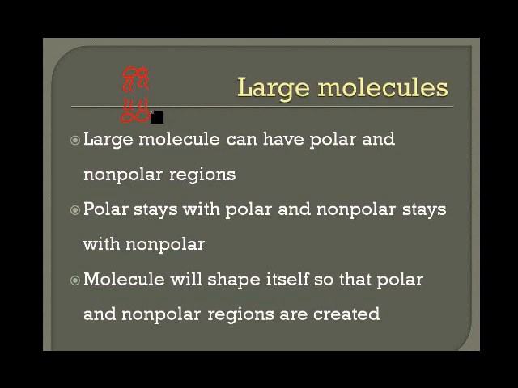Our cell membrane is made up of phospholipids, which have nonpolar regions and polar regions. Polar is going to stay with polar, and nonpolar is going to stay with nonpolar. So you can see the head parts of our phospholipids stay together, and the tail parts stay together. Molecules will tend to shape themselves so that polar regions and nonpolar regions are created.